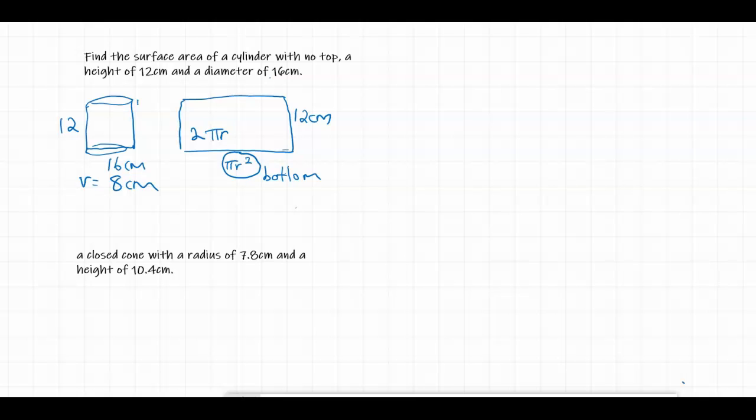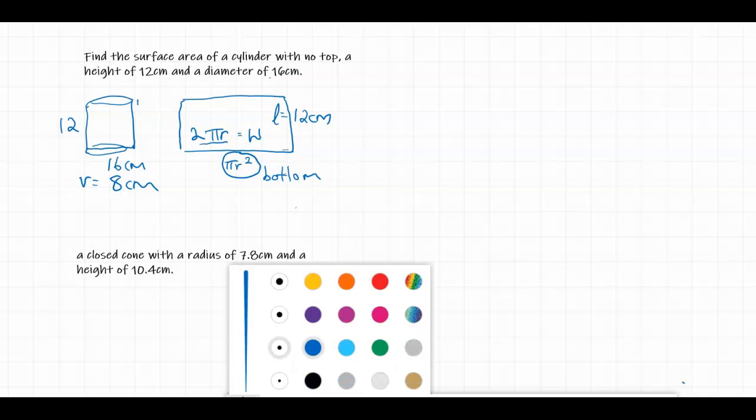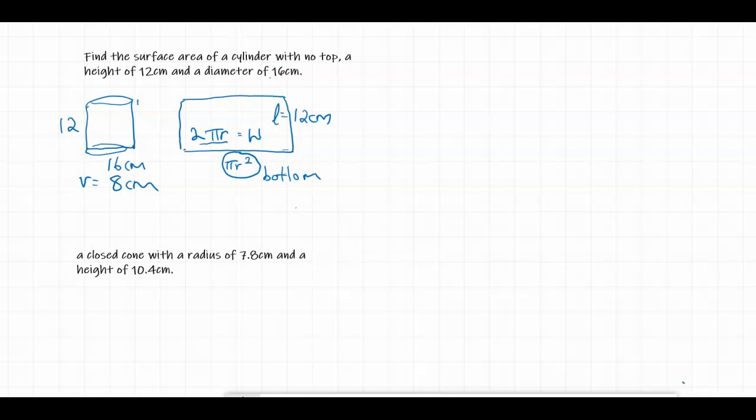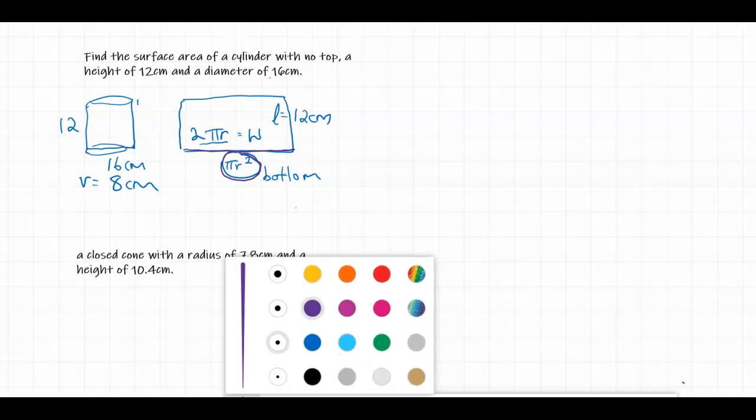The rectangle is length by width, which is why I needed a length, and 2 pi r is the width, because 2 pi r is the circumference of a circle, and if I wrapped this side around, it would match the circle. Alright, so that's how we're going to roll with this one.